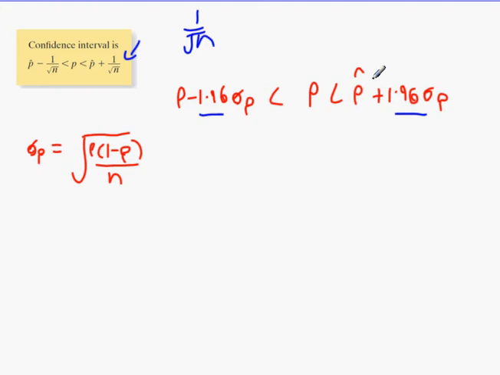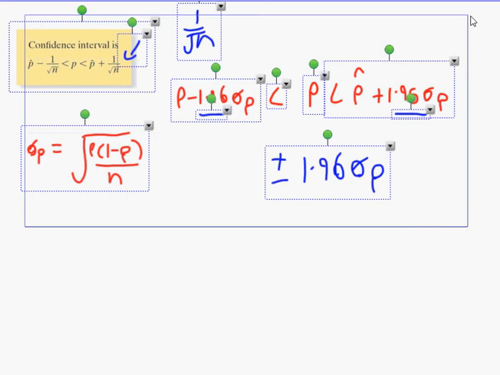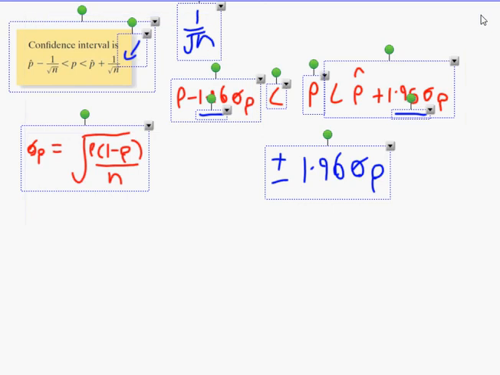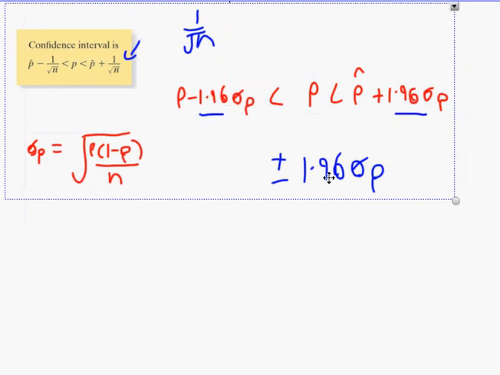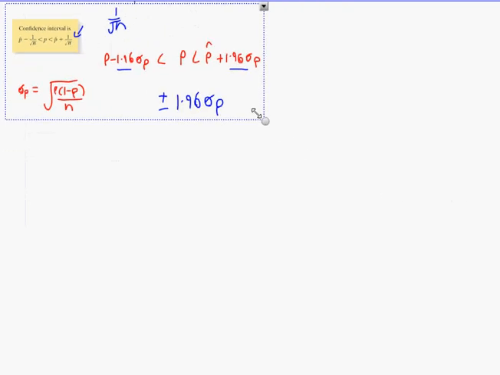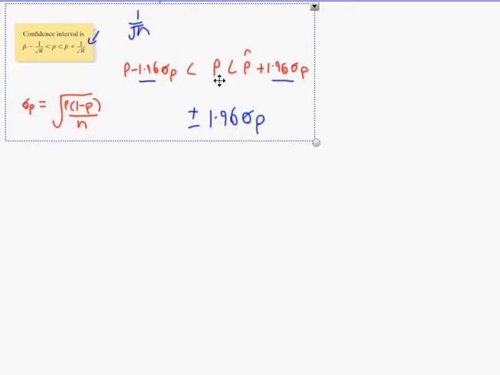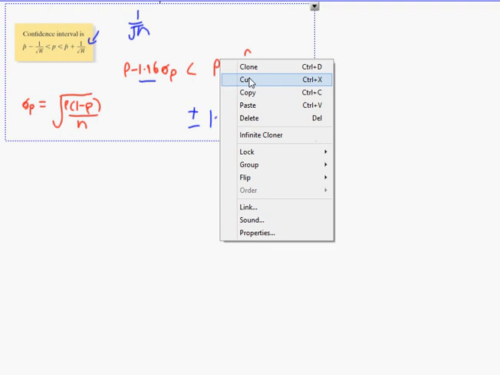This one here is talking about the margin of error being plus or minus 1.96 delta p. Now, you guys are going to have to make a decision on which one you are going to use and why. So I'm just going to reduce this down and bring it onto the next page where we're going to have to make a choice.